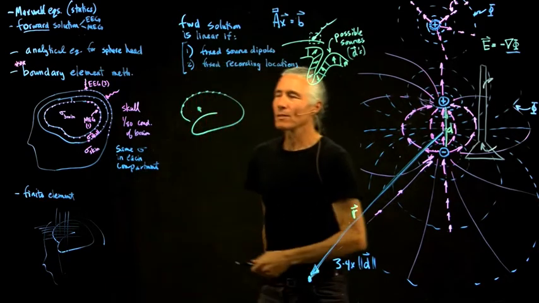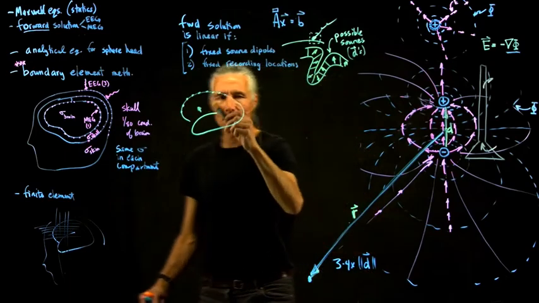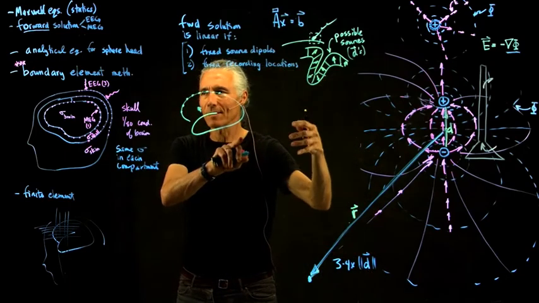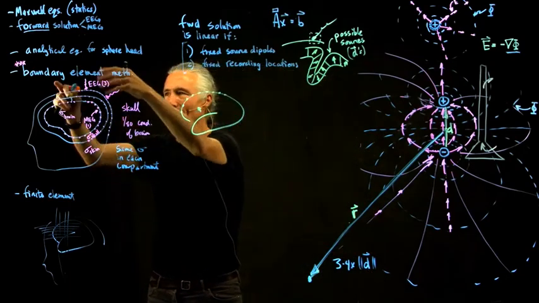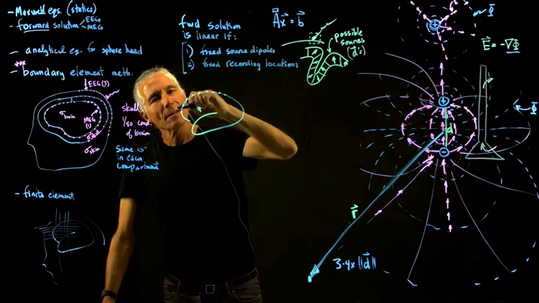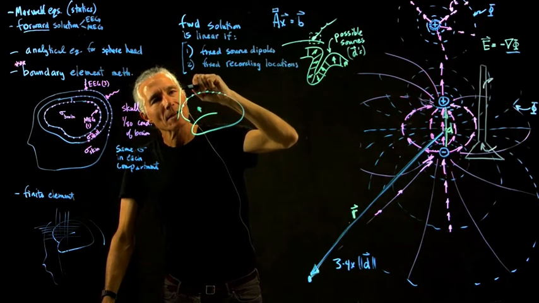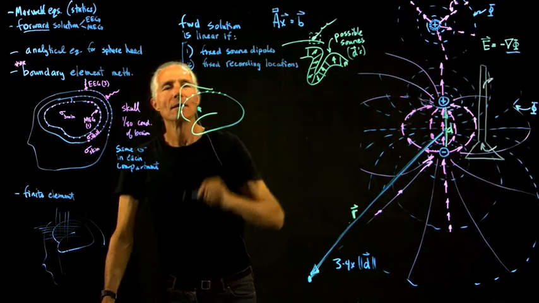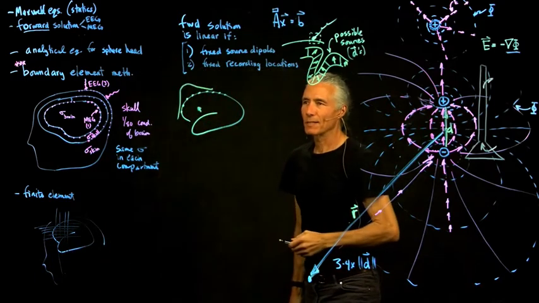We do that calculation, the forward solution, using the equations that I erased that were over here, modified by the boundary element. And we get something, say for the EEG, like that.